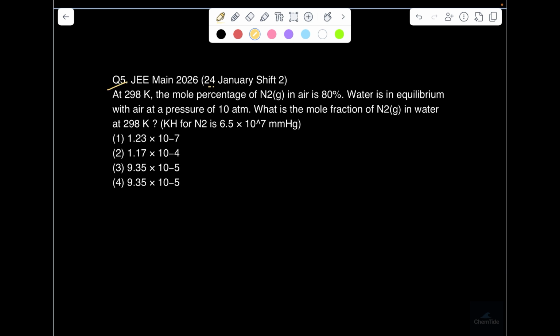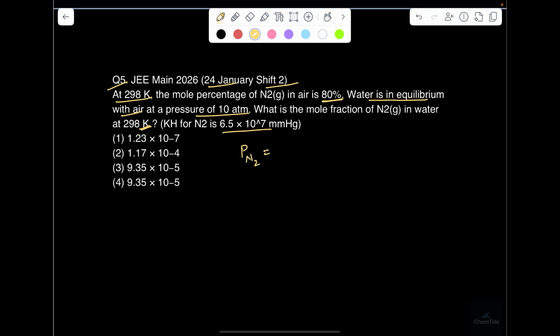Question 5 is from 24 January shift 2. At 298 Kelvin, the mole percentage of N2 in air is 80%. Water is in equilibrium with air at a pressure of 10 atm. What is the mole fraction of N2 in water at 298? KH is given. So we will apply Dalton's partial pressure law.